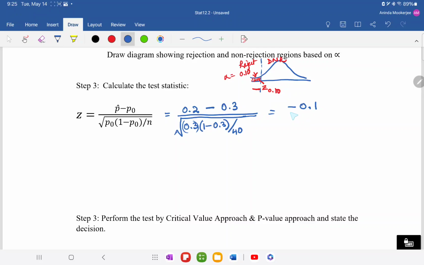And in the denominator, we have 0.3 multiplied by 0.7 over 40. When we do the calculation, we should come up with a test statistic value of negative 1.38. Z sub 0 is negative 1.38.